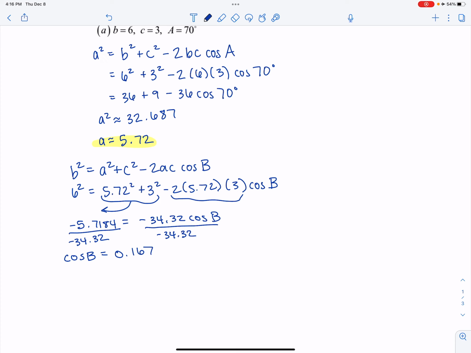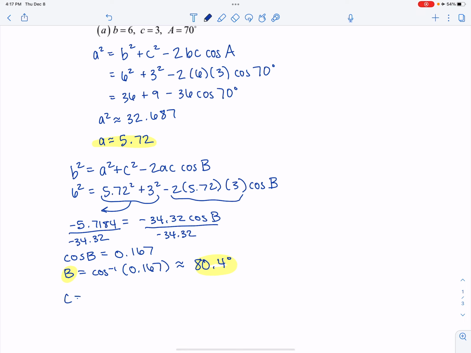So we need to take the inverse, right? B equals cosine inverse of 0.167, which is approximately 80.4 degrees. So we have B.